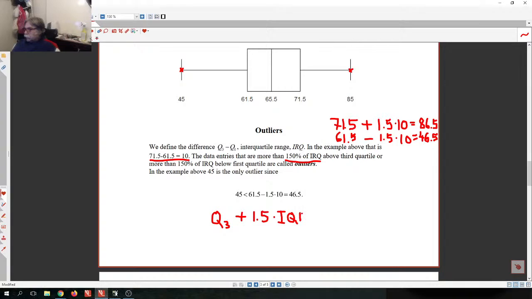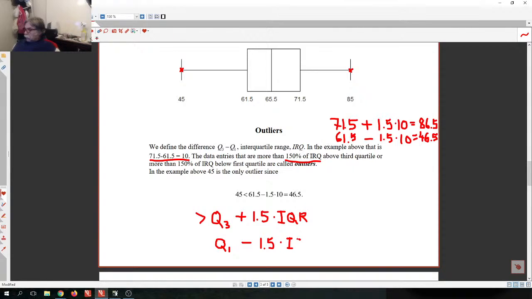Formula. Anything that passes that is an outlier. Anything that is bigger than that. Anything that passes the lower boundary, which is when you subtract the same thing from the quartile 1. So you subtract 150% of the interquartile range.